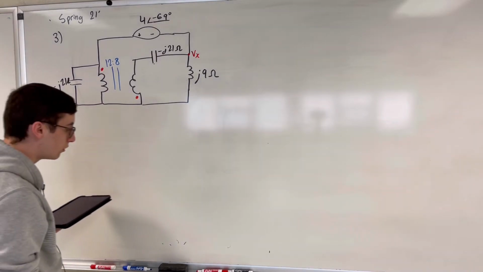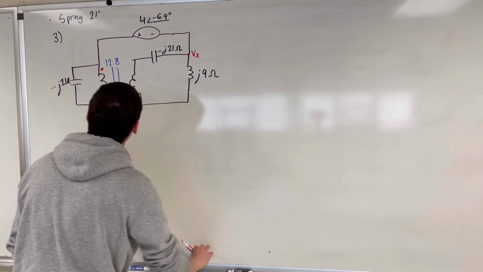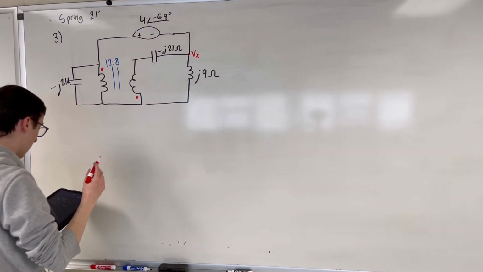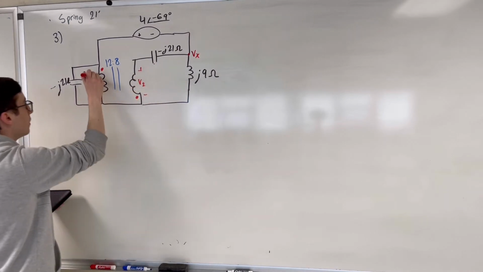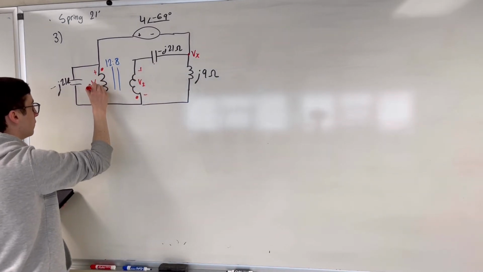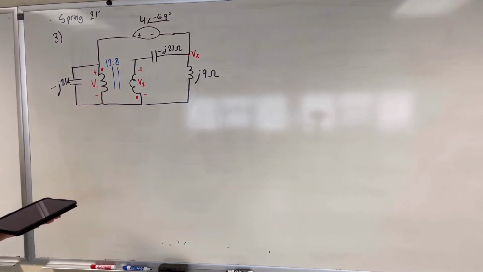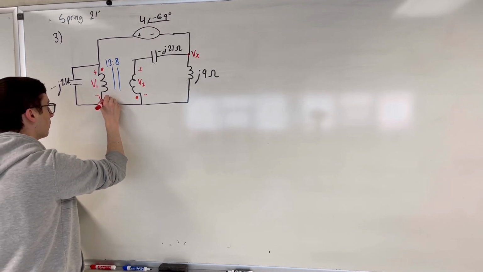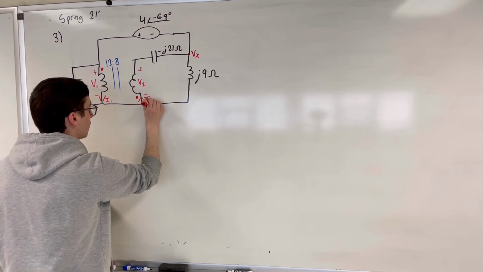So what we want to do is first assign our currents and our voltages of these inductors. So I'm going to put plus minus V2 and then plus minus V1. Now we're going to assign our currents: current going down of I1 and current going up of I2.